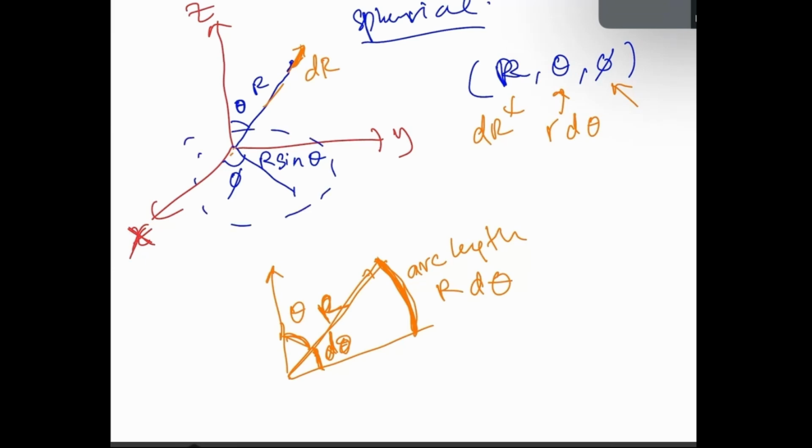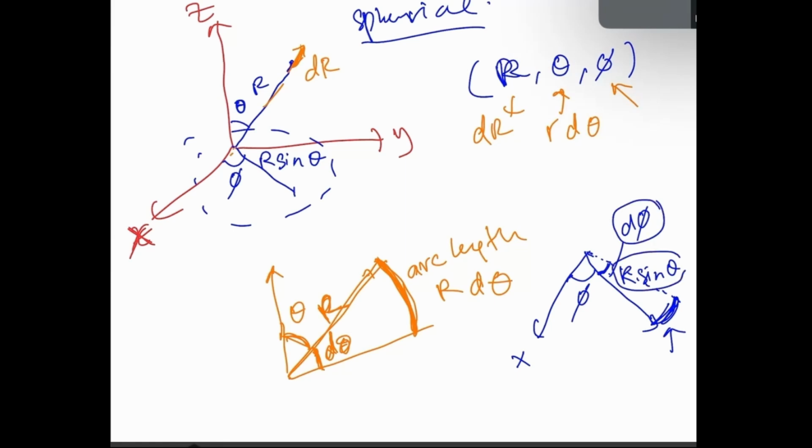Phi is the angle between the x axis and r sine theta. This is phi. Changes of phi is here, d phi. So this arc will be equal to this length times d phi, r sine theta d phi.